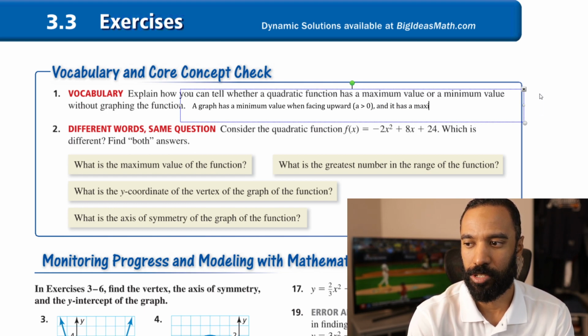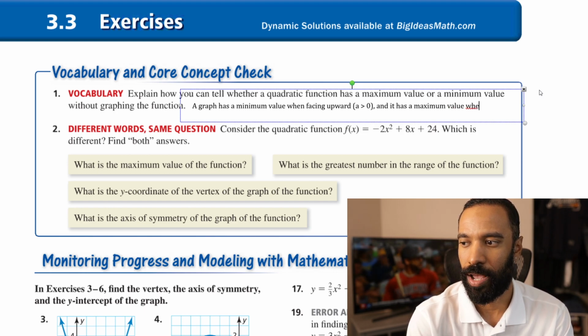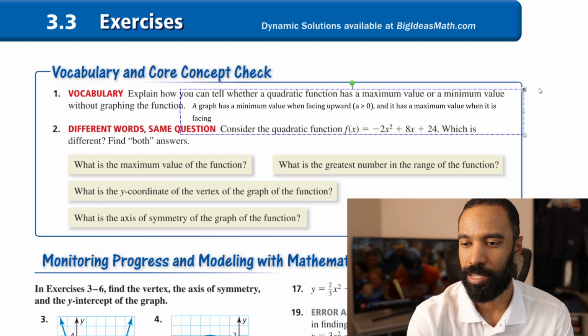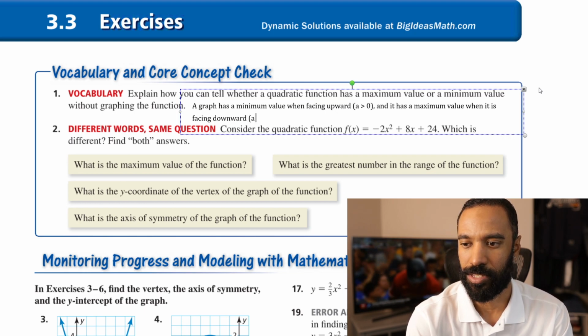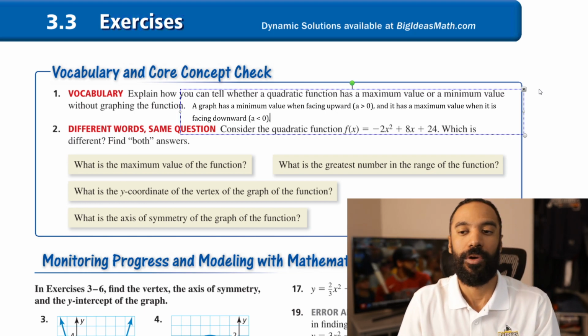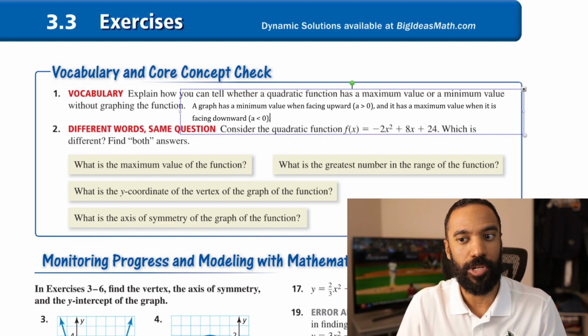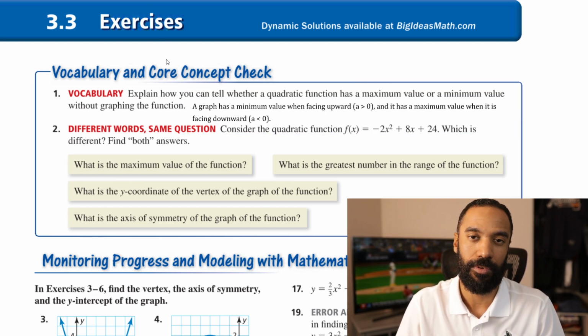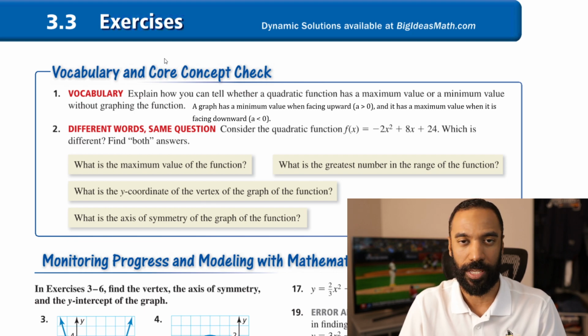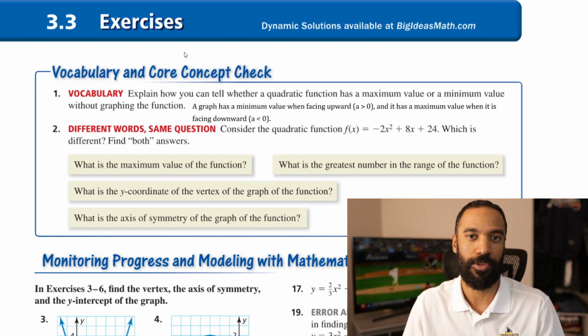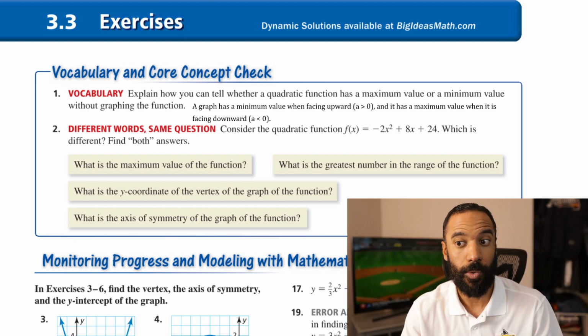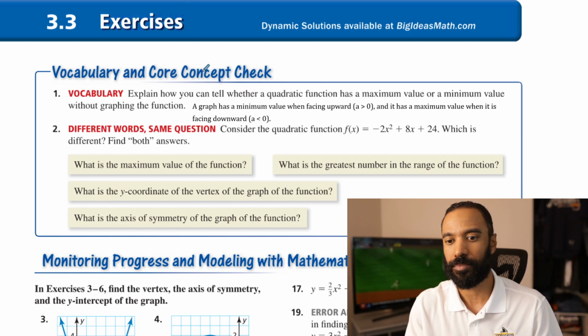And it has a maximum value when it is facing downward, when a is less than 0. It's all about a, whatever a's sign is. And a is never going to be 0 for a quadratic, so it's either positive or negative. Make sure you're actually in standard form in descending order of degree to know that it's the coefficient in front of the x squared. It's the quadratic coefficient.